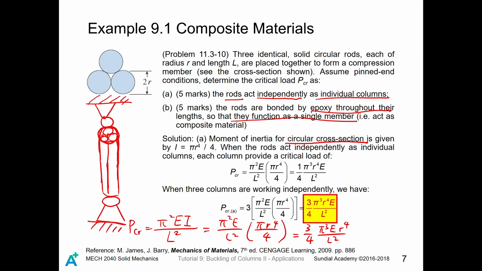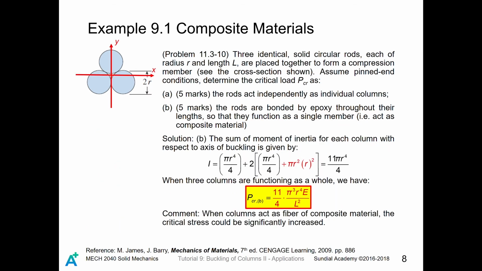In this case, we have to recalculate the total moment of inertia. The first thing we are going to compute is the individual moment of inertia. Each circular rod itself has a moment of inertia of πr⁴/4.